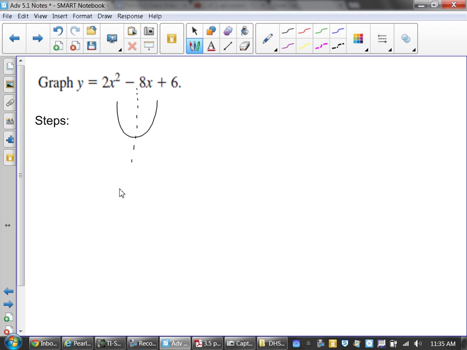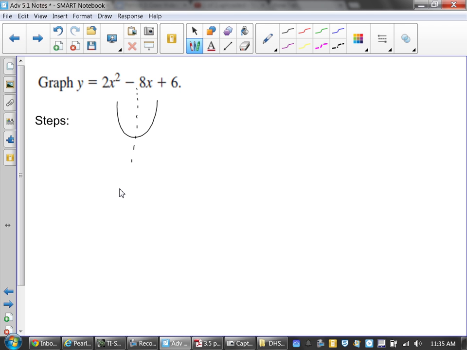Now, when vertical lines are drawn, what's the equation of every single vertical line? x equals a number. x equals a number is always the equation for a vertical line, whereas y equals a number is always your horizontal line. You vaguely remember that from algebra?